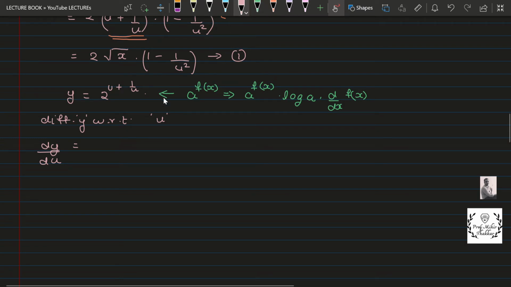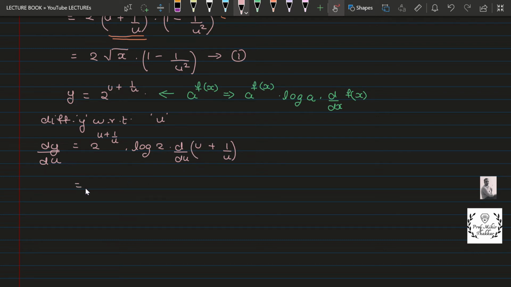So this is equal to 2 raised to u plus 1 by u into log 2 into the derivative of u plus 1 by u, which is equal to, now students, if you observe very clearly, 2 raised to u plus 1 by u is itself the value of y.